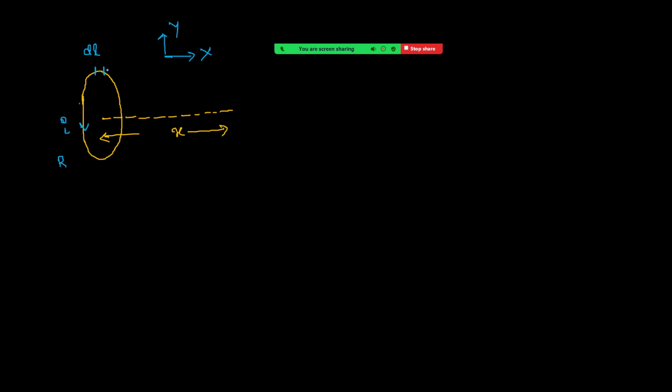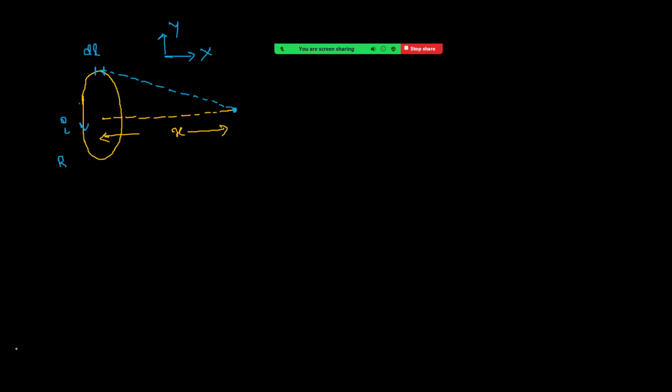Now, because of this element, at this point, see what the field is. I am showing this point, where we want to calculate the field strength. This is now dl bar. dl bar is towards us, that means it is k cap, right?